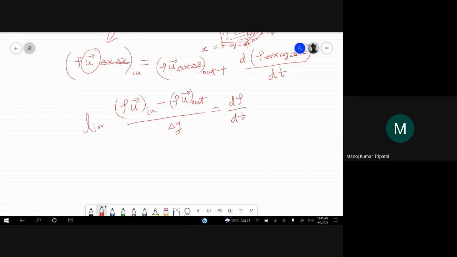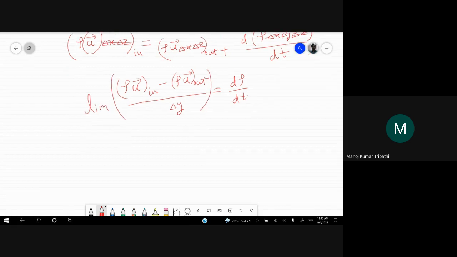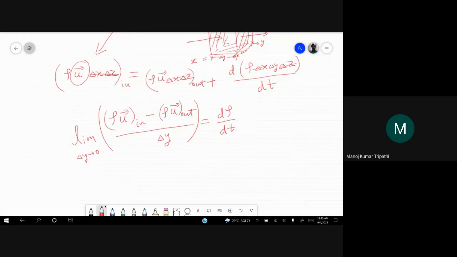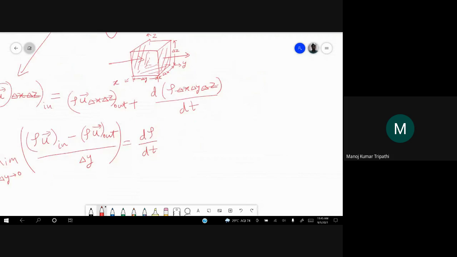And of course we are talking about a very small control volume, limit delta y tends to 0. But please note one thing, that we have done this only for one component of velocity, which is the horizontal component. Assuming that all the flow is like this, in this y direction.